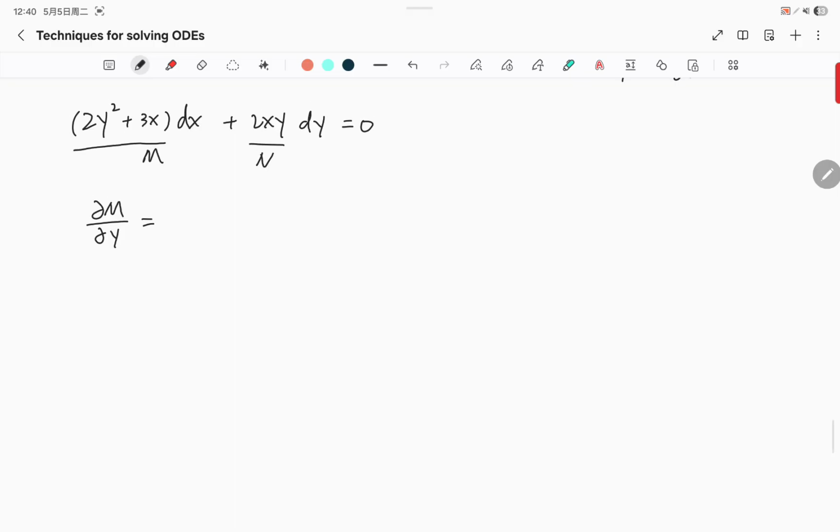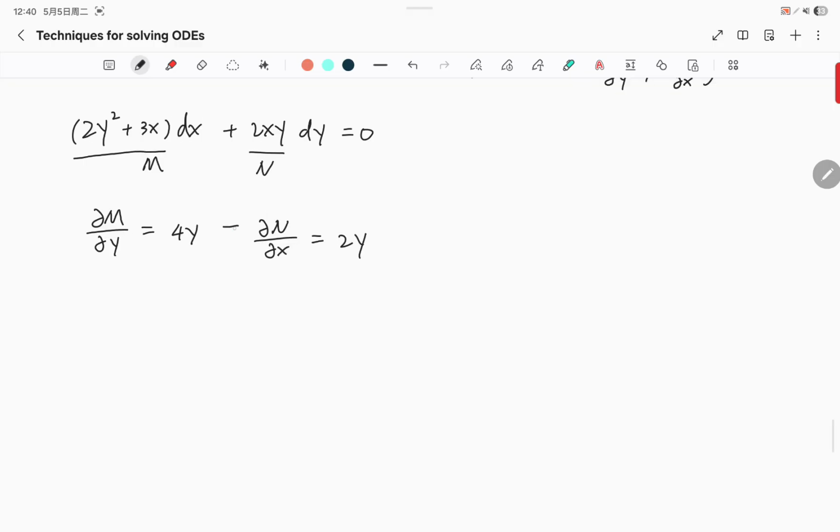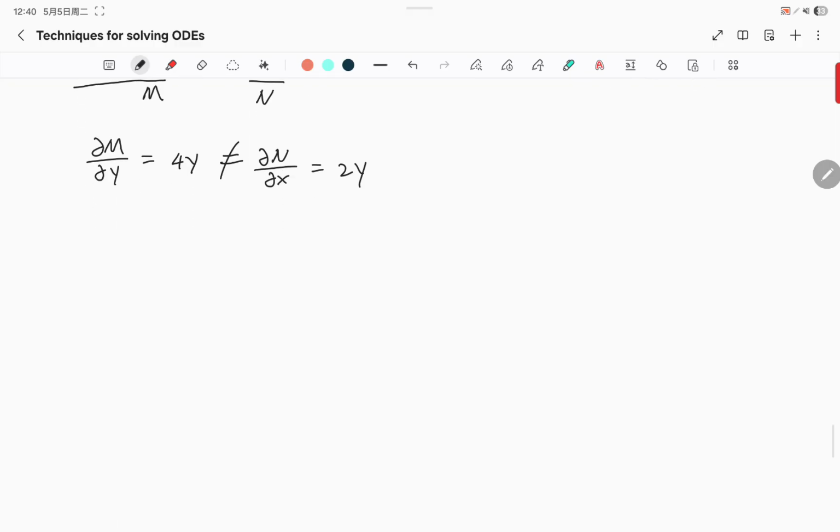So del M del y, we have just 4y plus 0, and del N del x, we got just 2y, and they are not equal. So we're going to make them exact by doing an extra step here.